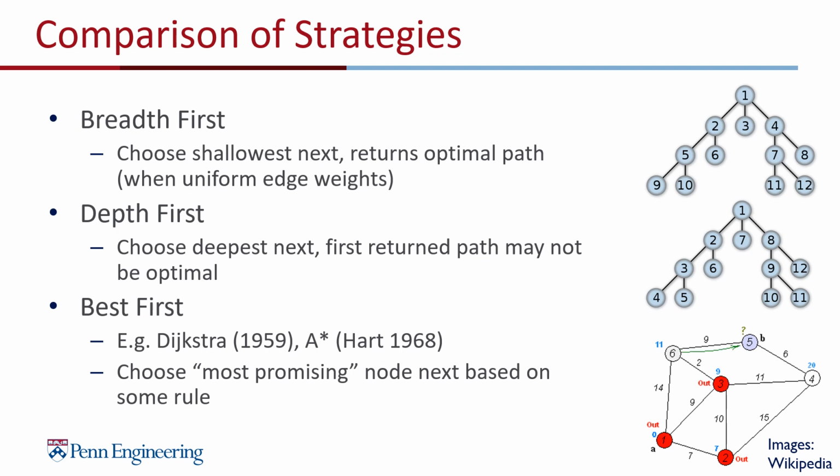A similar algorithm is depth first search, but here instead of choosing the shallowest neighbor first, you try to go deep down all the tree of neighbors first, but on the other hand, the first returned path may not be optimal. And then we saw two best first algorithms, Dijkstra and A*, where at every step we were choosing the most promising node to expand next based on some rule.